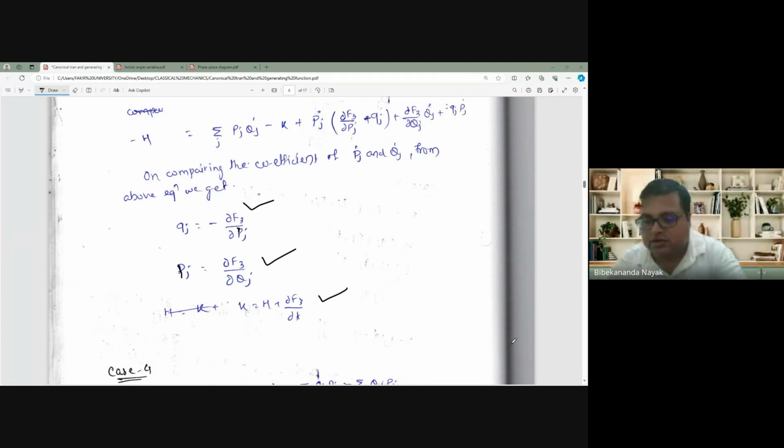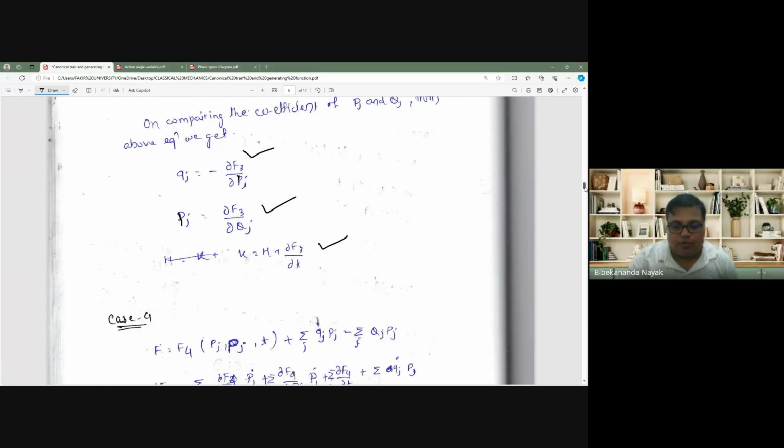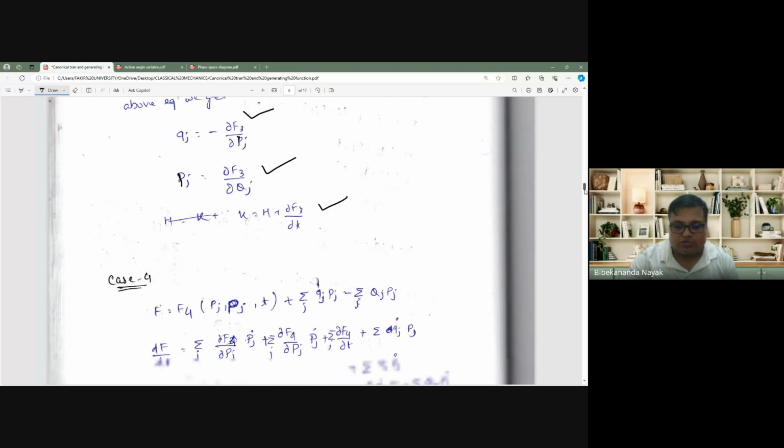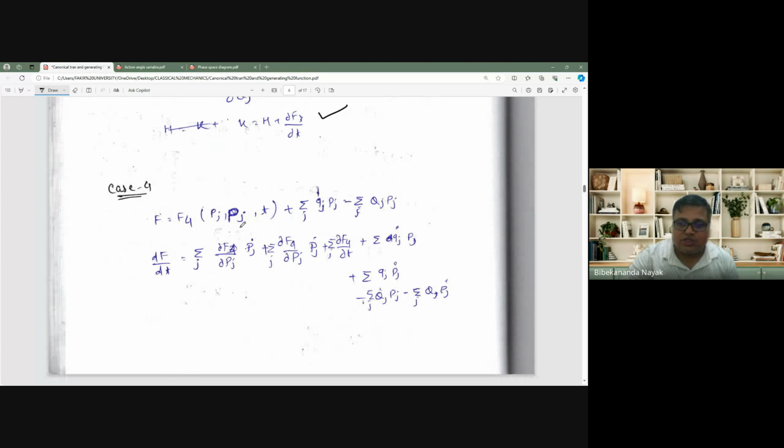Okay, next we go for case 4, or F4. F4 is a function of small pj, capital Pj and t. For that case, f is equal to f4 plus the sum over small qj small pj minus capital Qj capital Pj.